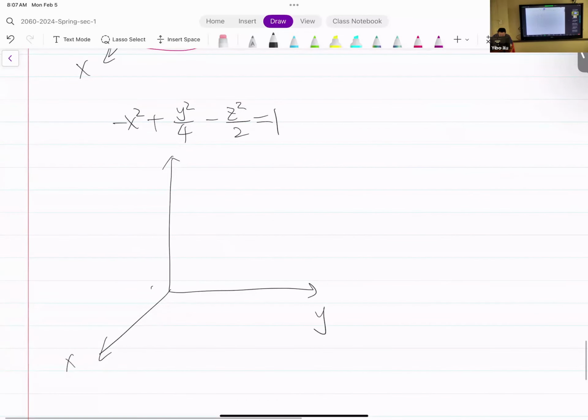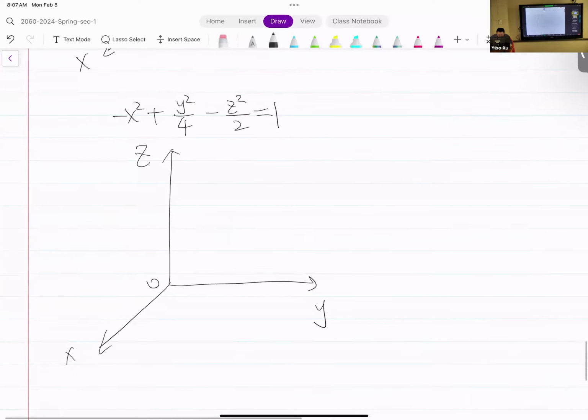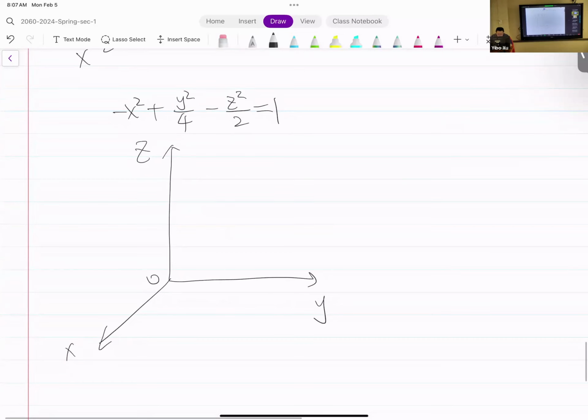X, Y, Z. So let's say we start with making x equal to 0 now. When x equals 0, what do we have? We have the YZ trace, basically in the YZ plane. Let me make it red.